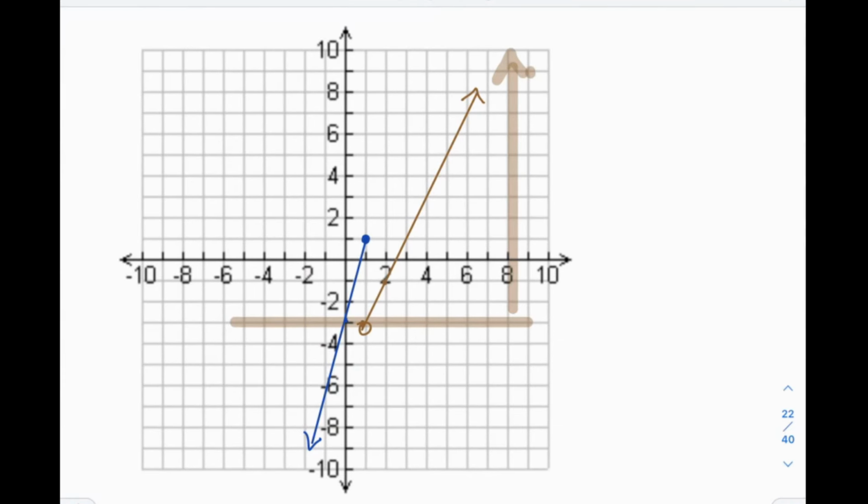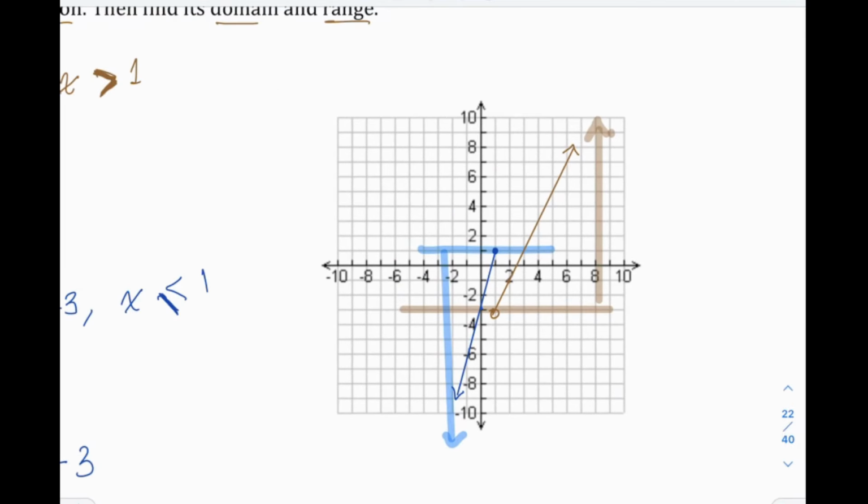And for the blue, it was starting from here and used everything down. If you have a quick look here, the y values used by the brown or the blue include all the real numbers as well. So in this case, you can say all real numbers. This is one of the ways to check.